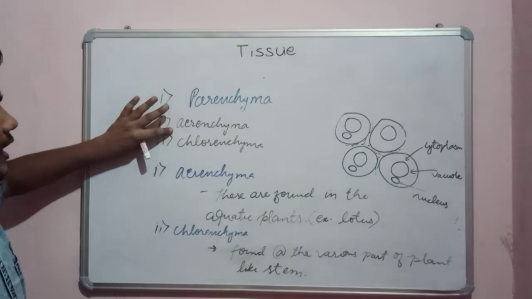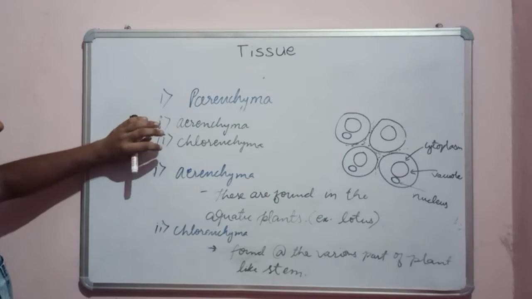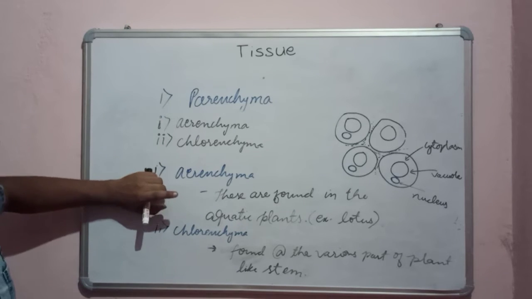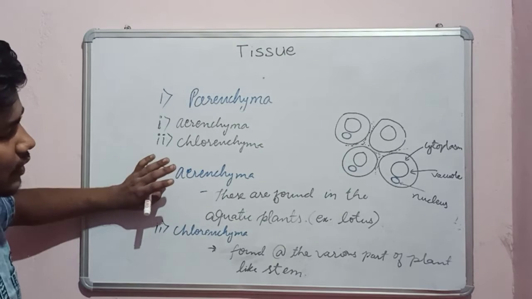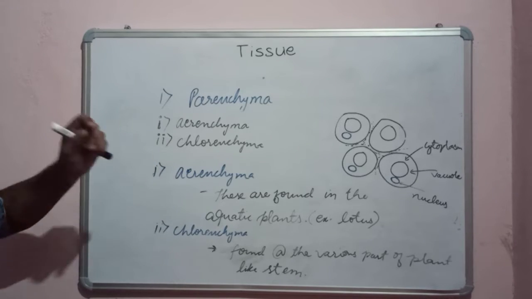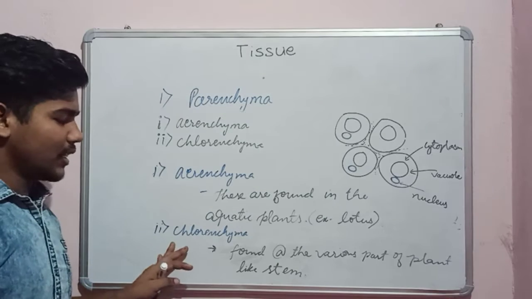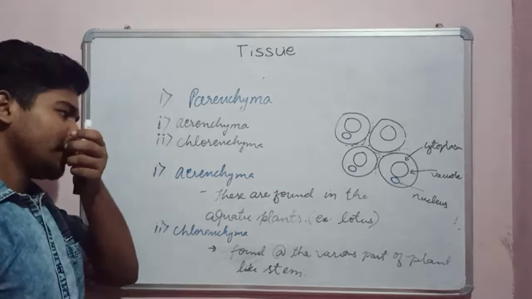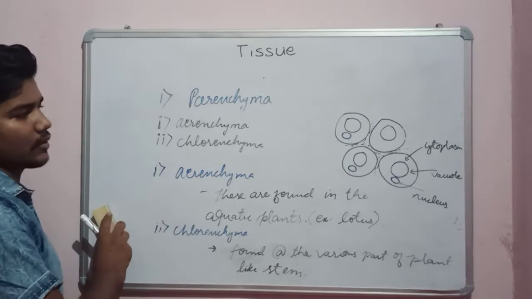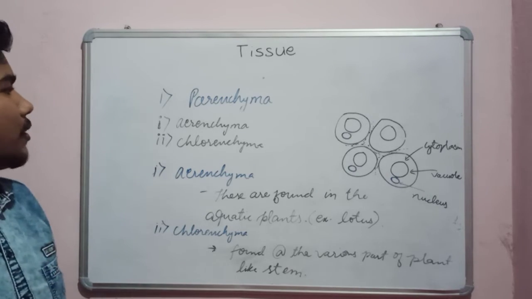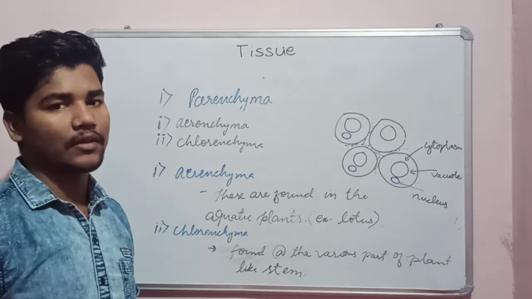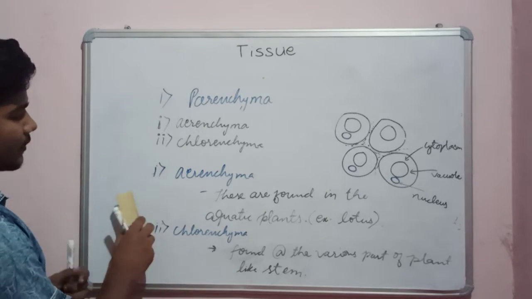First one is aerenchyma, second one is chlorenchyma. Aerenchyma is found in the aquatic plants like lotus and all other aquatic plants. And second one is chlorenchyma. So this is all for the parenchyma. Now let's start the next tissue.